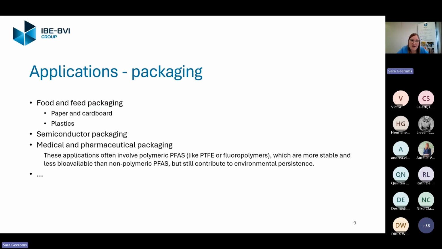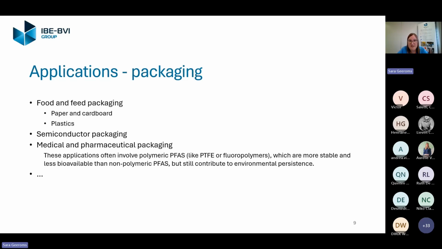When we look closer at the packaging application, the list is not limited to what I show here, but some known applications are food and feed packaging, mainly focused on paper and cardboard and plastics. There is also semiconductor packaging and medical and pharmaceutical packaging.